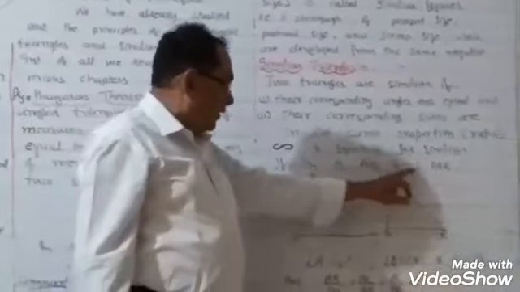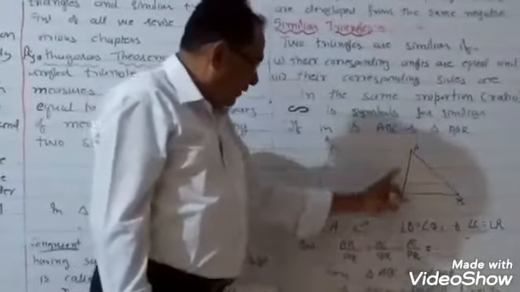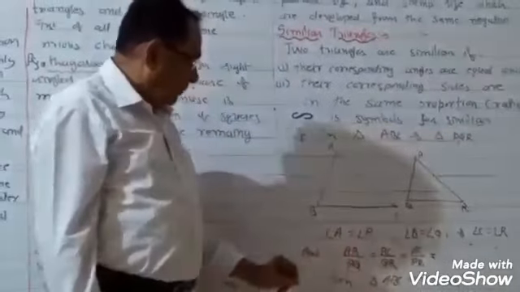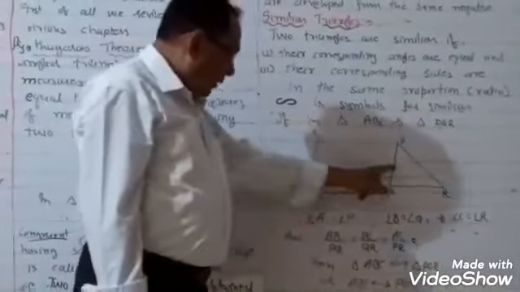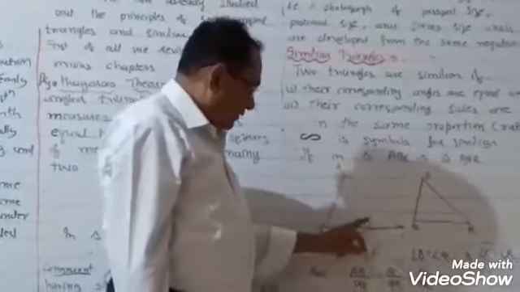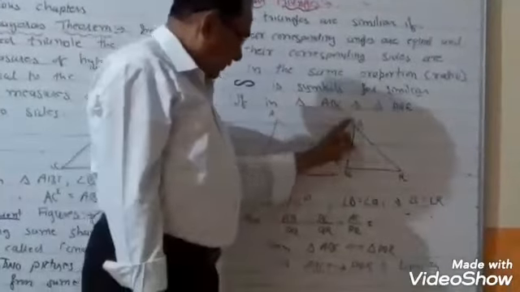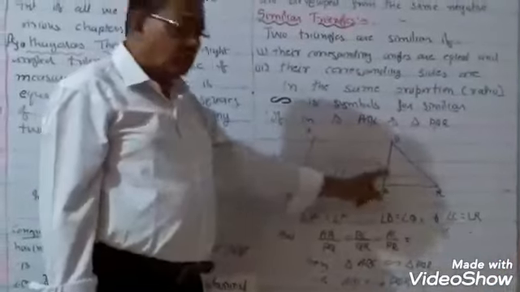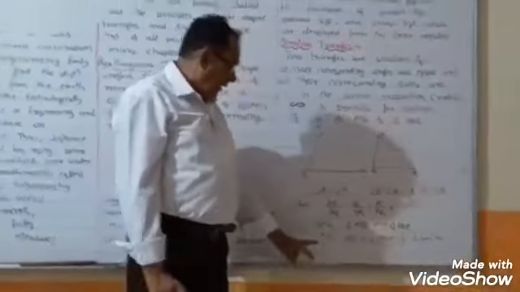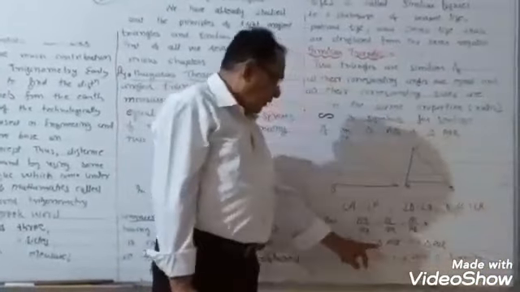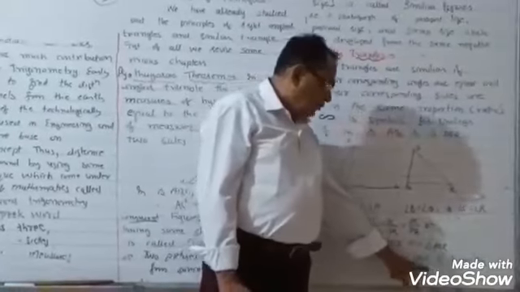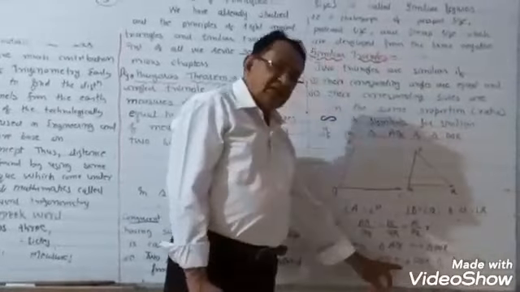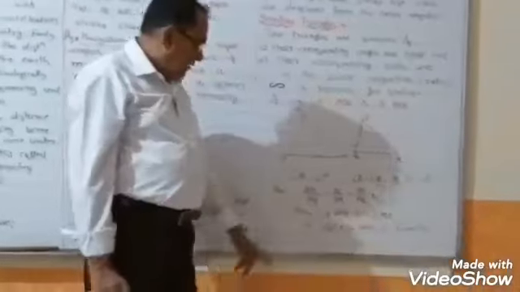If in triangles ABC and PQR, angle A is equal to angle P, angle B is equal to angle Q, angle C is equal to angle R, and AB upon PQ is equal to BC upon QR is equal to AC upon PR, then these two triangles are similar triangles, and it is written this way: triangle ABC similar to triangle PQR, or you can write ABC corresponds to PQR is similar. This sign means similar.